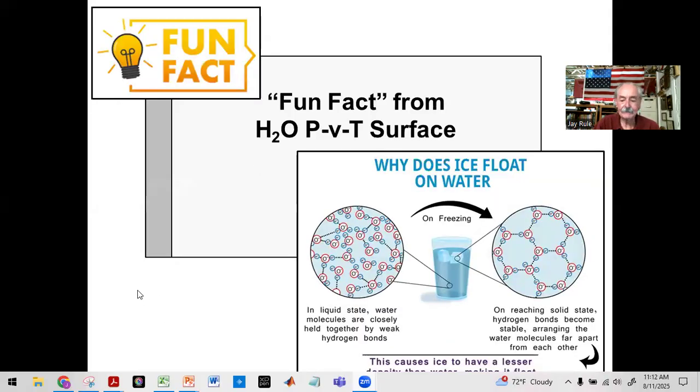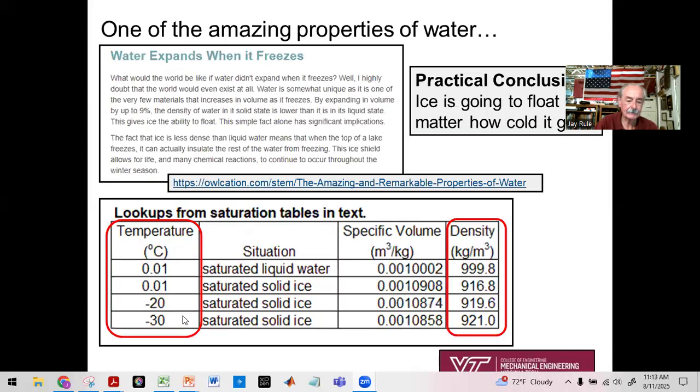There's a fun fact that I'm going to blaze through, and that is that ice floats in water. And that's an important fact for us living on the earth. This is a fun fact, okay?